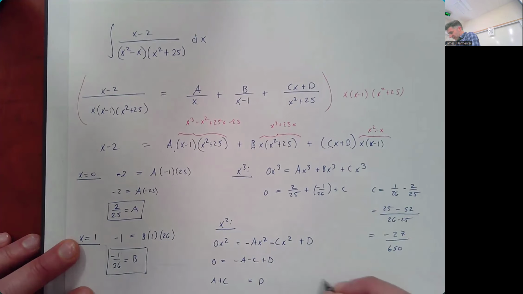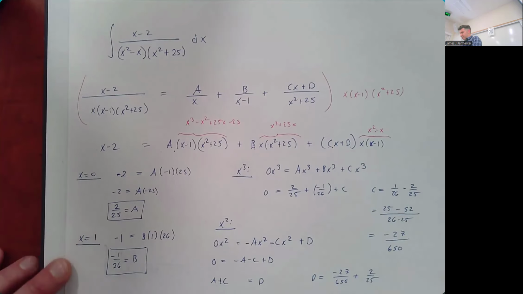So d is going to equal c, which is negative 27 over 650, plus a, which is 2 over 25. Interesting. Which I think ends up being nicer than it looks.